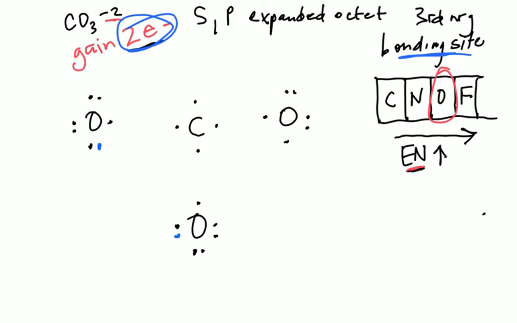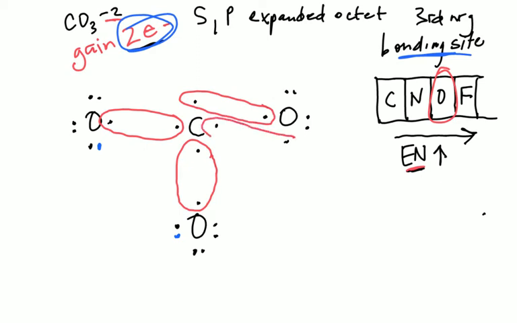So what I'm going to do is bond those atoms to carbon. Carbon now is going to form a single bond to each one of these oxygens. Carbon now has 2 more bonding sites, and look at how many bonding sites this oxygen has. Also 2. So the bond is going to get formed right here.